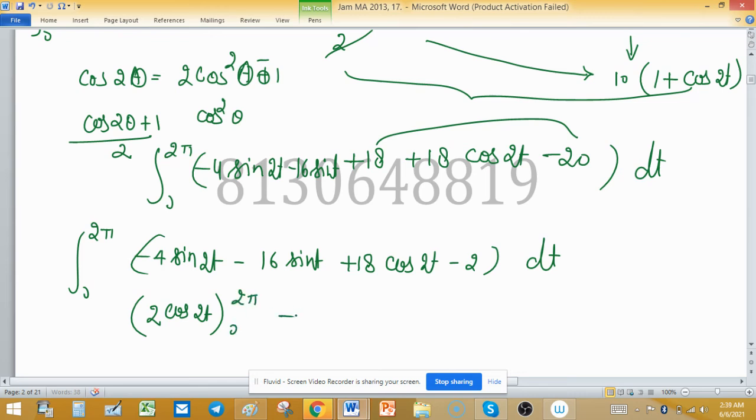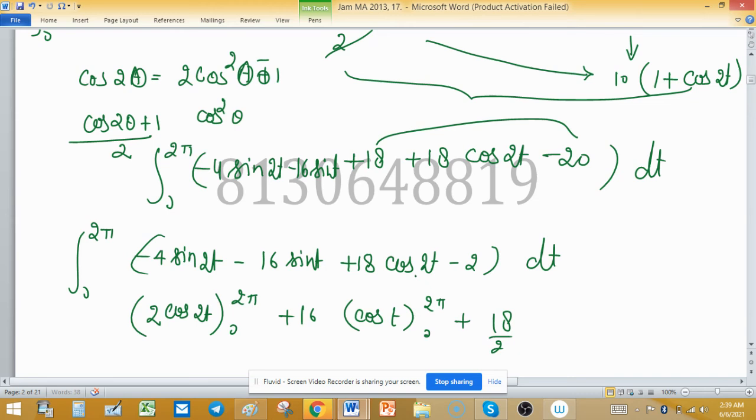From this one, the integration of sin is cos, so positive cos t, with the limit from 0 to 2 pi. Again 18, divided by 2.